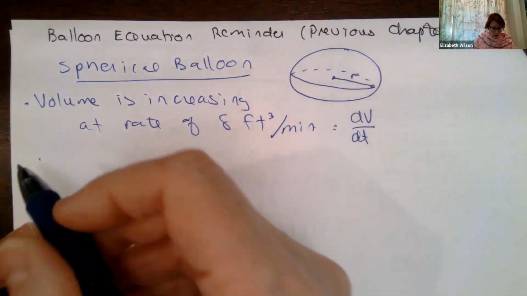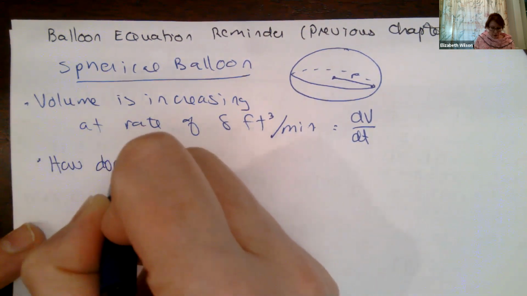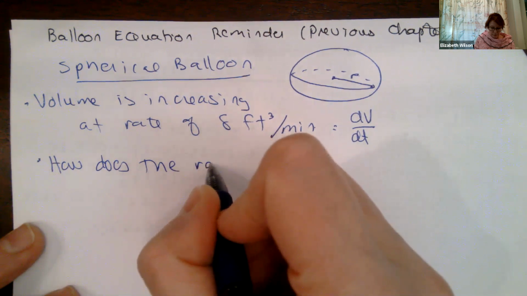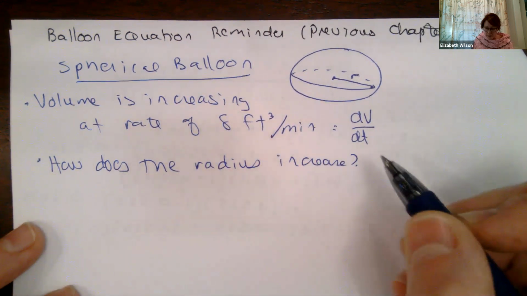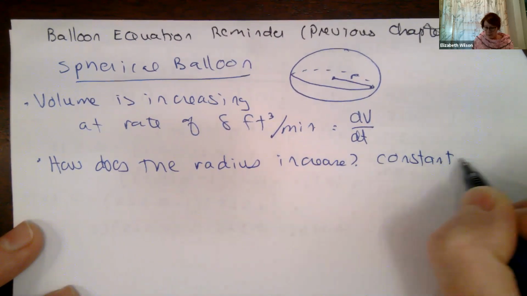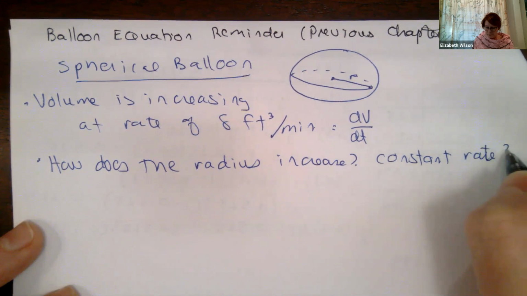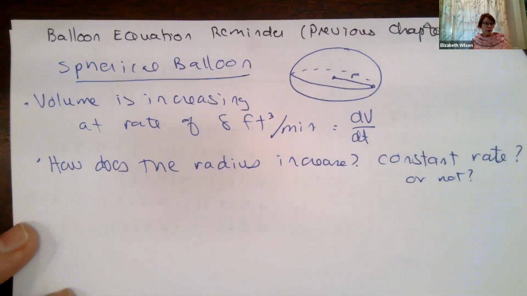And then the question is, how does the radius increase? At a constant rate or not, we're not sure. So this is part of what we're going to try to figure out.